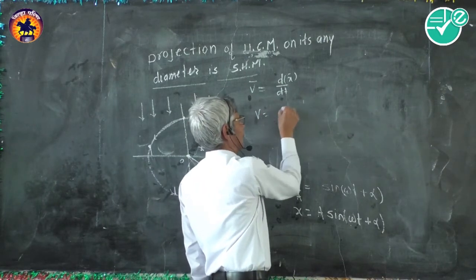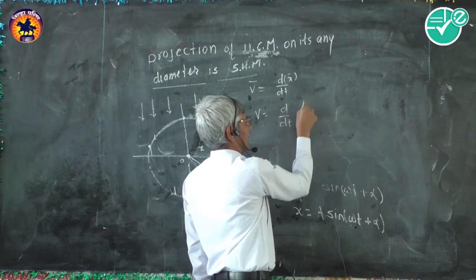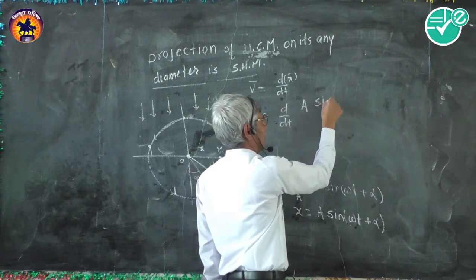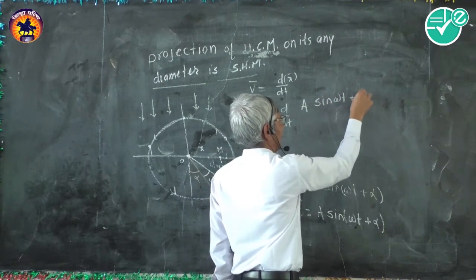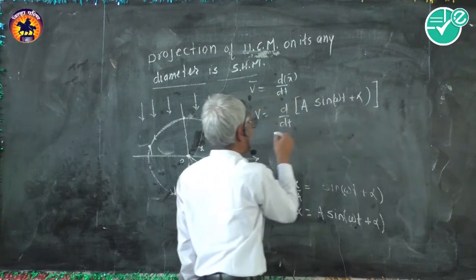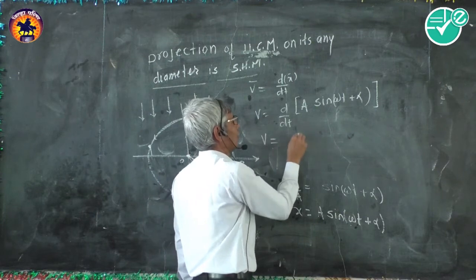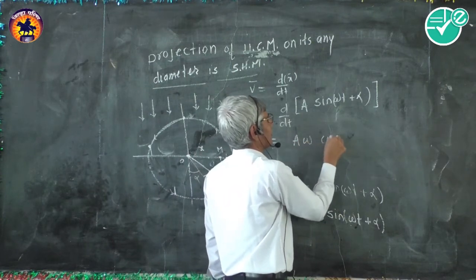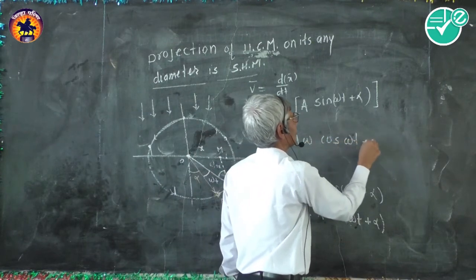So, v equal to d by dt of A sin(omega t plus alpha). Differentiating this equation, we have v equal to A omega cos(omega t plus alpha).